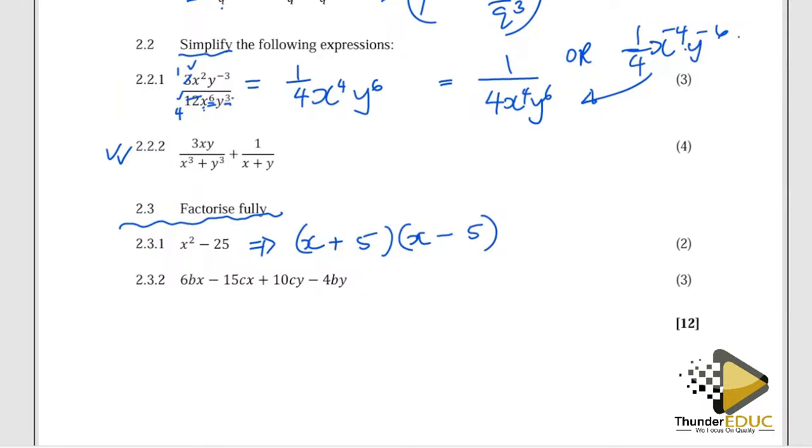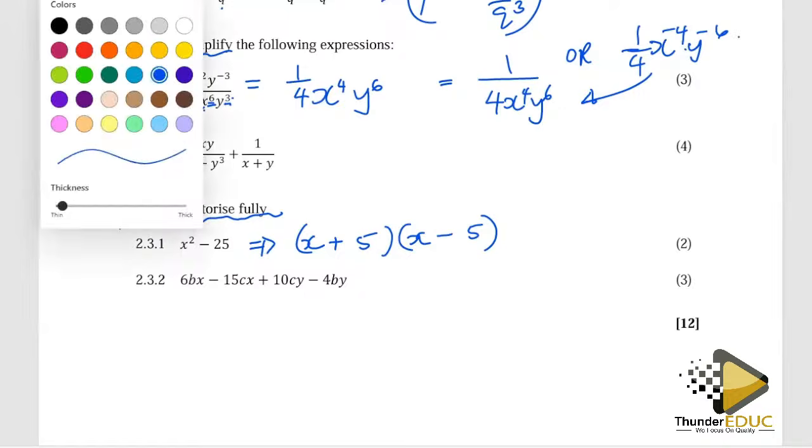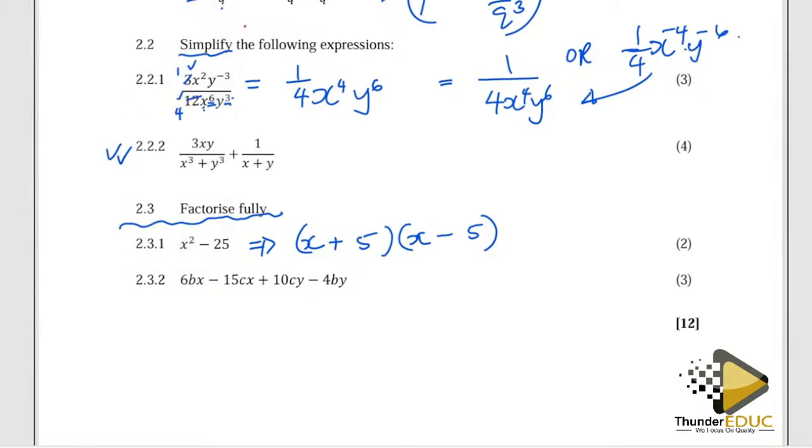And then 2.3.2, we have 6bx minus 15cx plus 10cy minus 4by. So we have 4 terms. In cases where we have 4 terms, it's paramount that we carry out what we call the grouping. Let me just try to group like this and see if it's going to give me something.